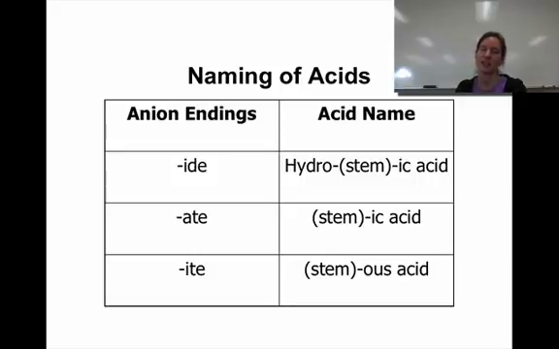If it's "ate," it'll become something-ic acid. If it's "ite," it becomes something-us acid. If you recall, the "ide" ending came about because you had an anion from the periodic table. The "ate" ending is the polyatomics that you're used to: sulfate, nitrate, chlorate, carbonate. The "ites" are all one less oxygen, and those end in "us" for acids.